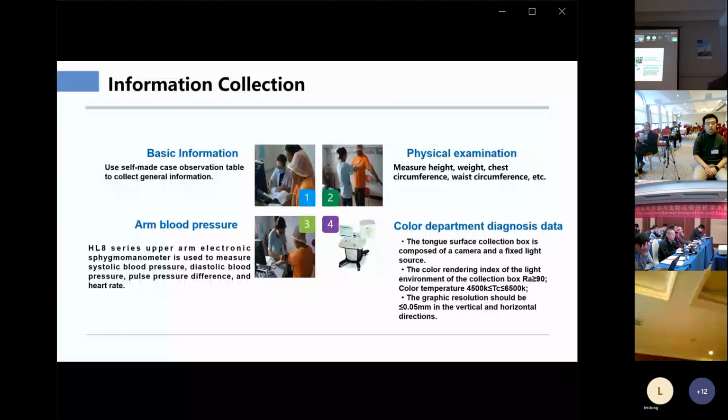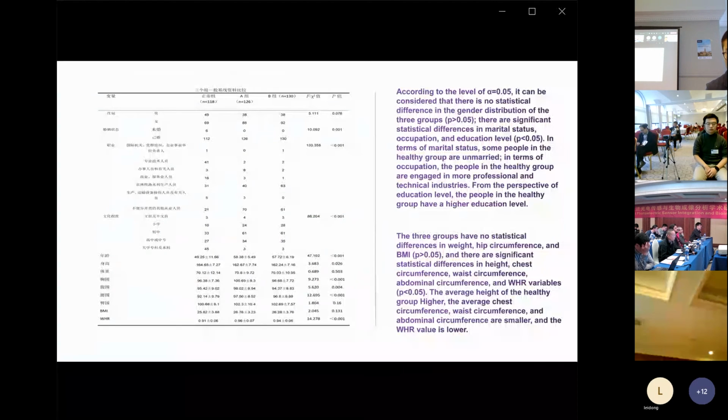The 3 groups have significant statistical differences in marital status, occupation, and education level, and no statistical difference in weight, hip circumference, and BMI, and there are significant statistical differences in height, chest circumference, and waist circumference.